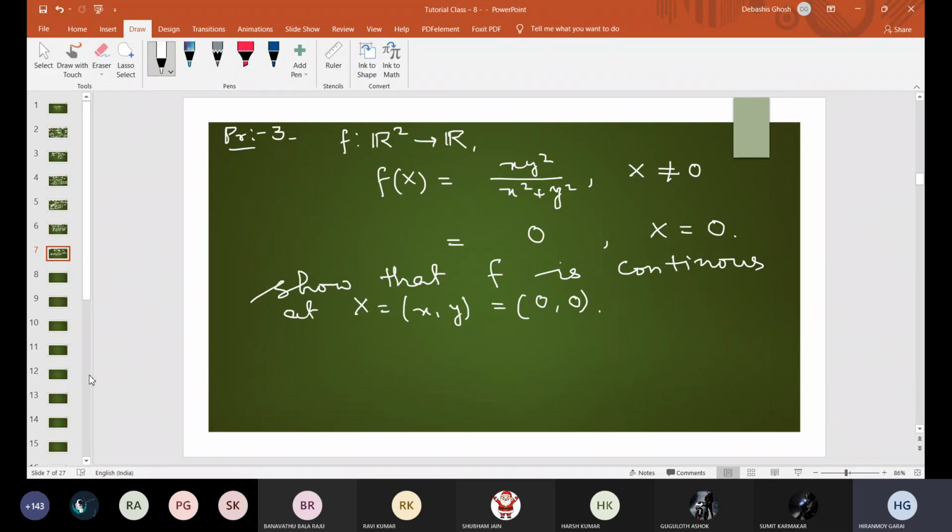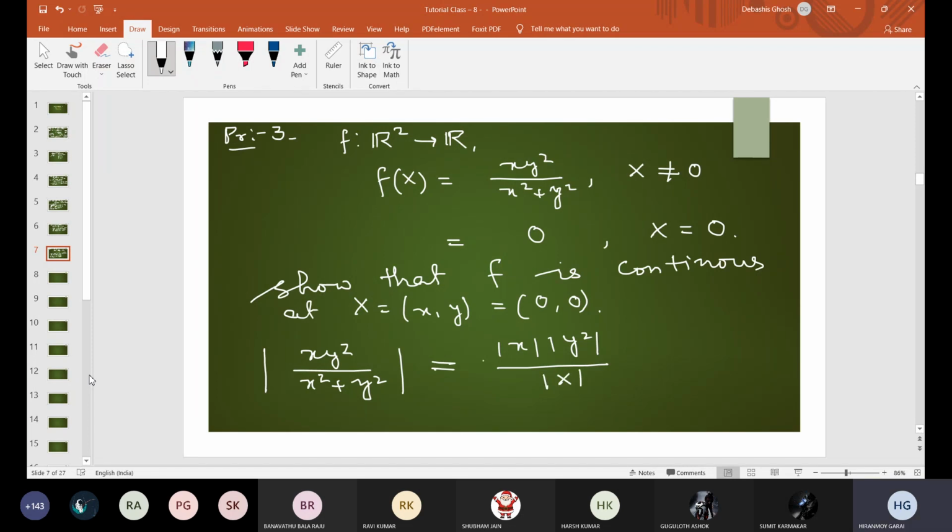So for that we are taking this x y square divided by x square plus y square, and that's enough. We can write it as mod x, mod y square divided by this.